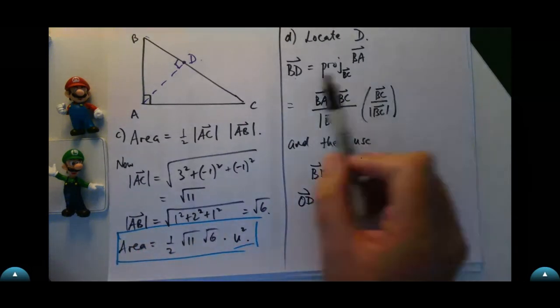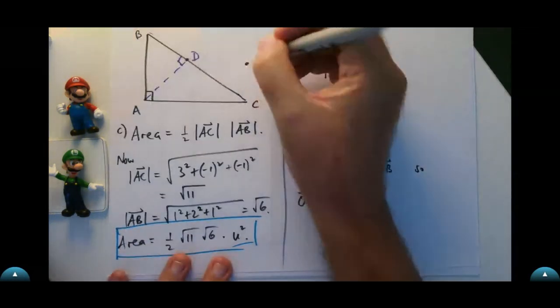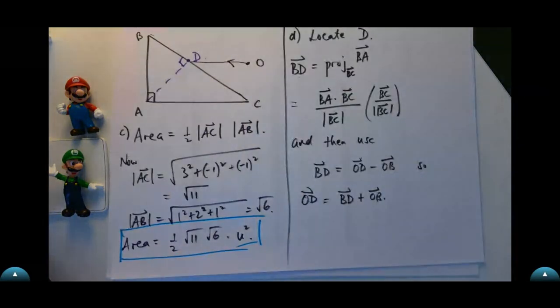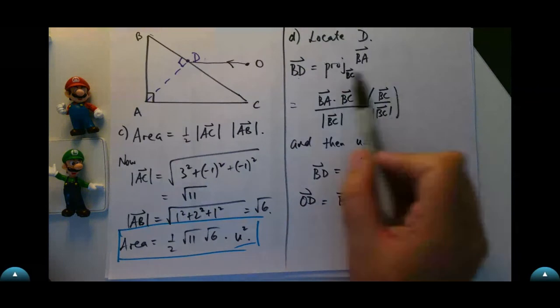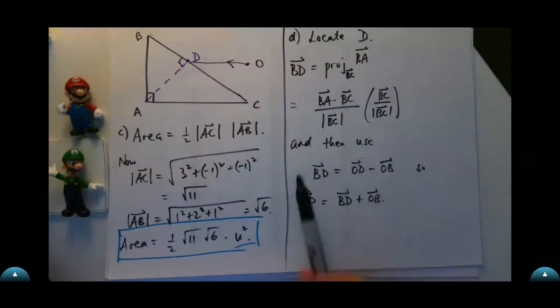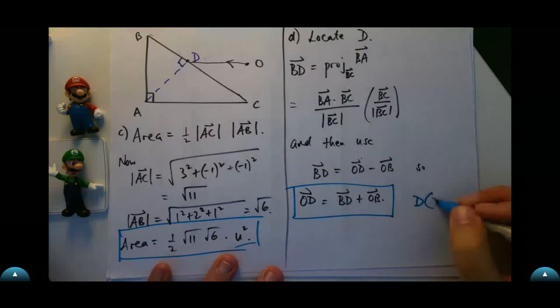Okay, so when you work that out, you'll get a vector. You don't want BD, you just want OD, right? So this might be the origin, and what you want is that vector there. Okay, so once you've worked this out, you can rearrange it, and that's the bit you want. So from there you get your D.